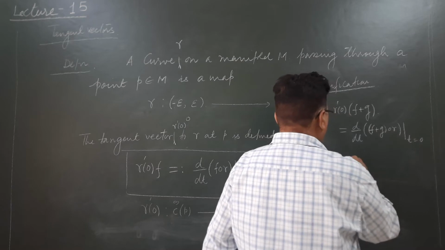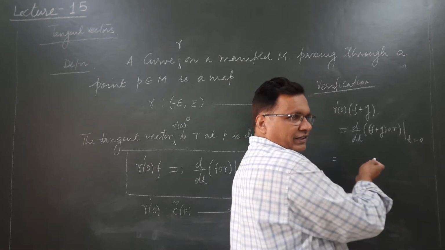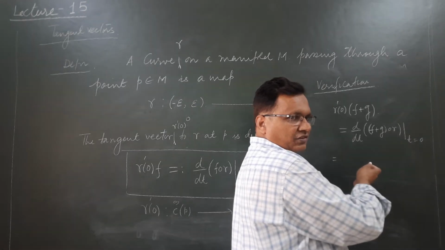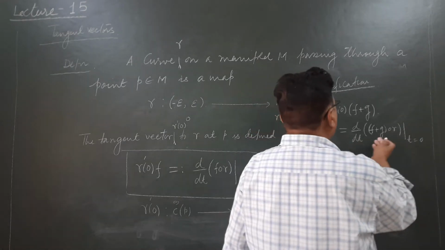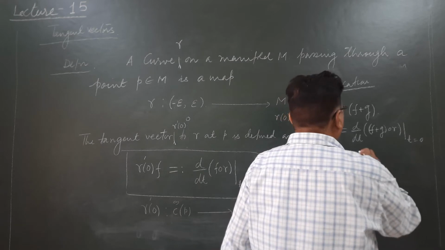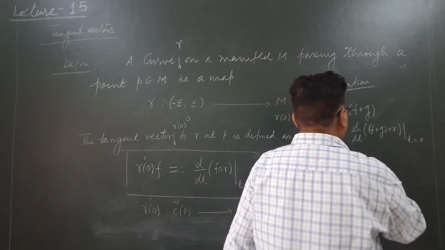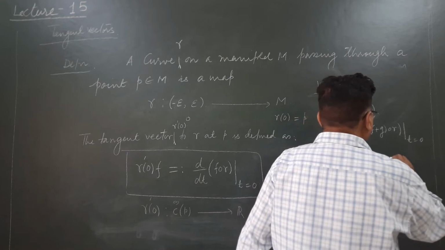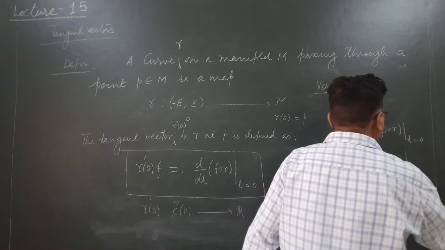This will be equal to, now you are working on functions from R to R. So d by dt की प्रॉपर्टी मालूम है, वो अभी यूज़ करेंगे, पहले इसको कंपोज कर लें. So this will be f composition gamma plus g composition gamma at t equal to 0.